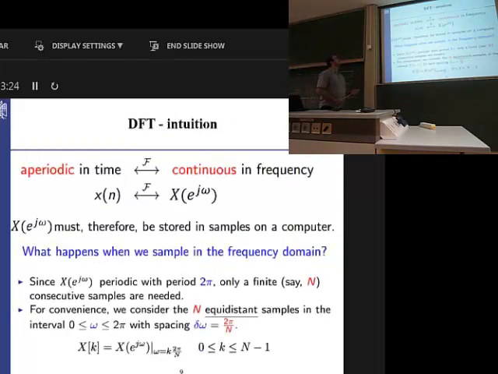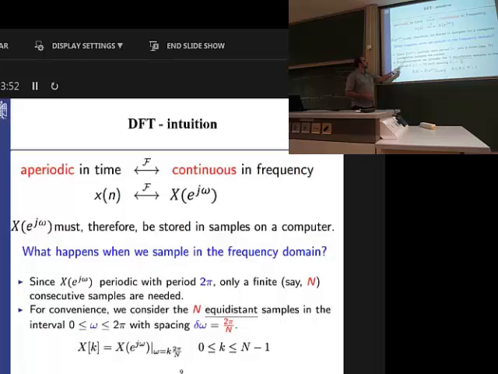So we have an aperiodic signal in the time domain, x[n], and we get a continuous function in the frequency domain, X(e^{jω}). Now we want to take samples from this to keep inside the computer. We want to study what happens over the samples in the frequency domain.